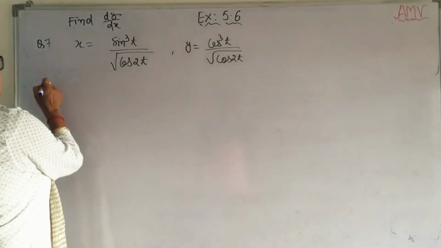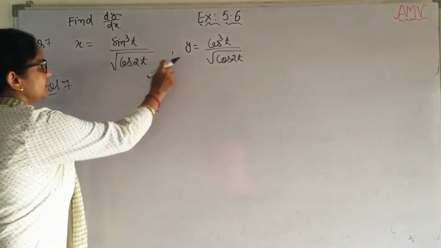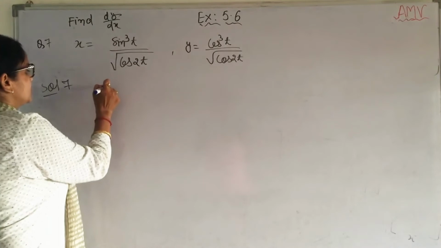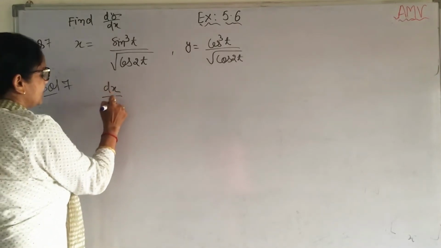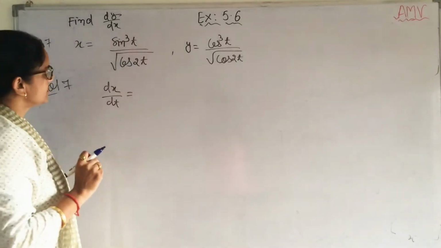Question number 7. To solve this question, student, x and y are given in terms of t. So first find dx by dt. Okay, and here apply the division rule.